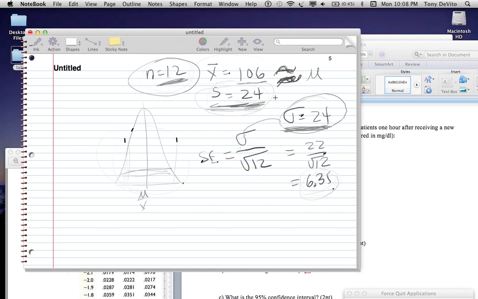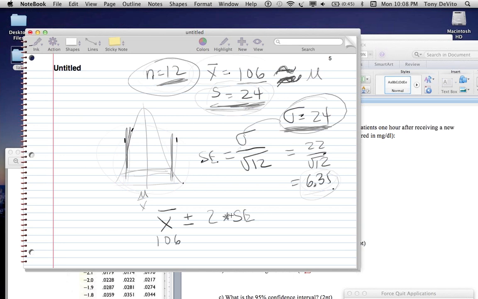I'm going to say to myself, I have an approximation that the mean X bar is equal to 106. And I'm saying to myself, well, gee, if I add two standard deviations to that number and subtract two standard deviations from that number, in other words, plus or minus two times the standard error.